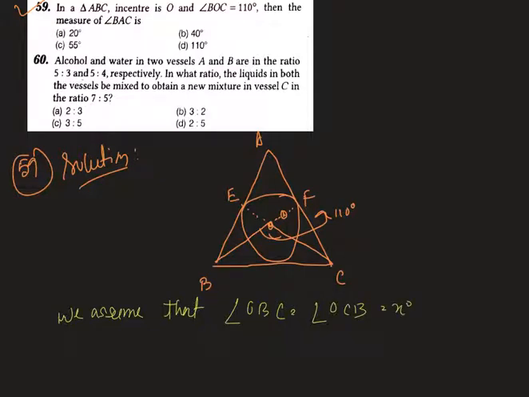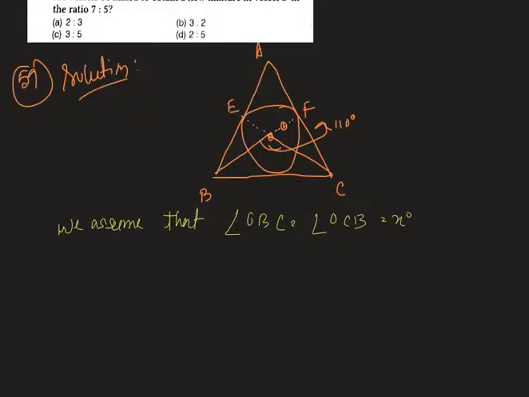Therefore, the triangle OBC is an isosceles triangle.